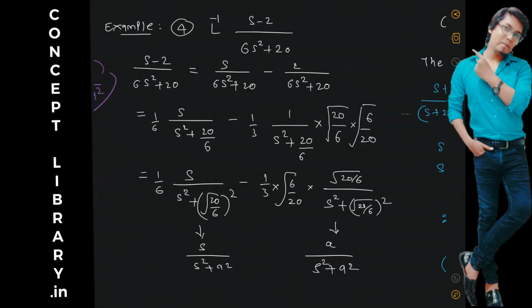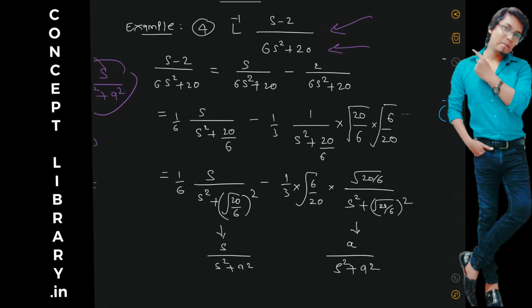Then I am taking one more example, s minus 2 by 6s square plus 20. So what to do? Let's see. First you split this function like this. After splitting the function, this one is going to be in the form of cos, and this one is going to be in the form of sine. Remove the 6 from here and from here, take common. After taking common, we are left with this and this, right?